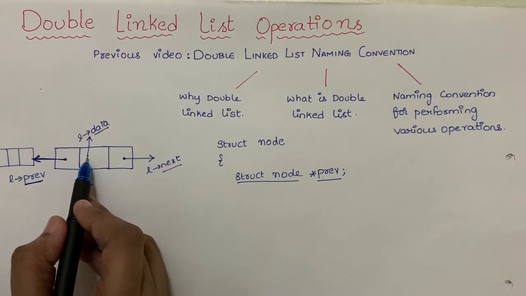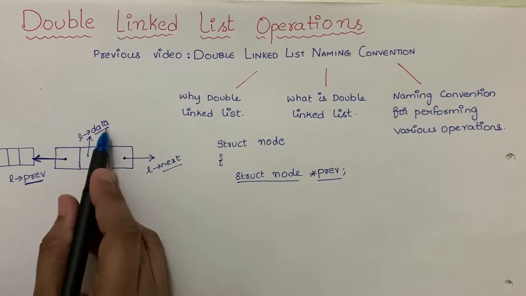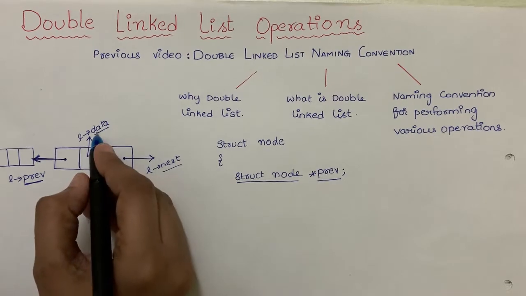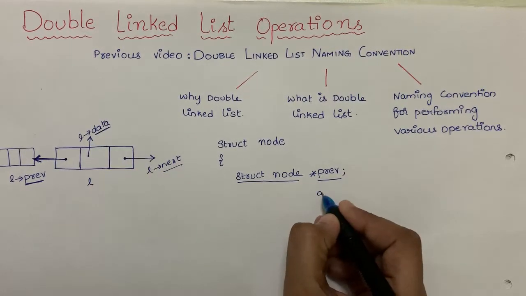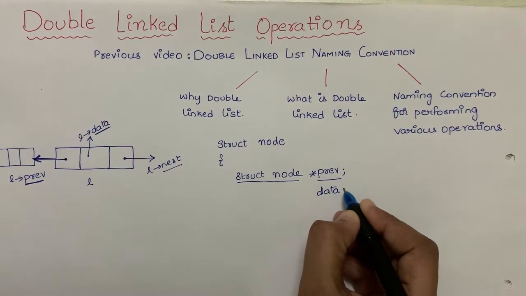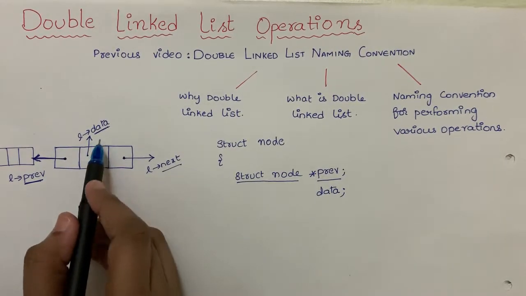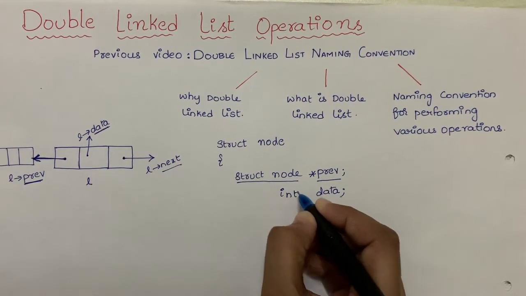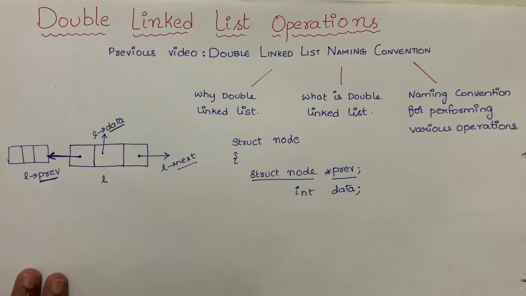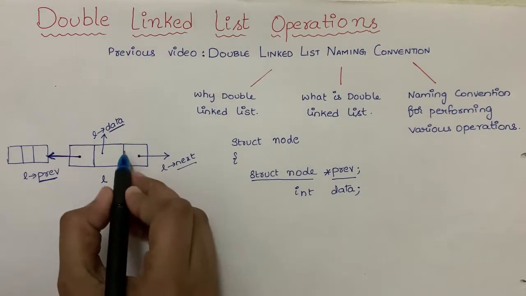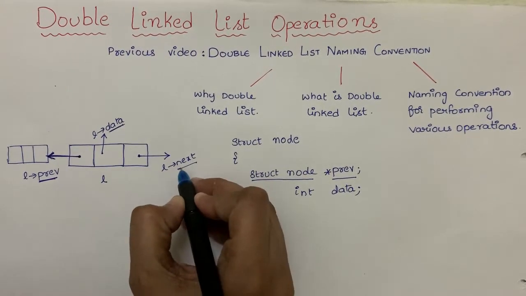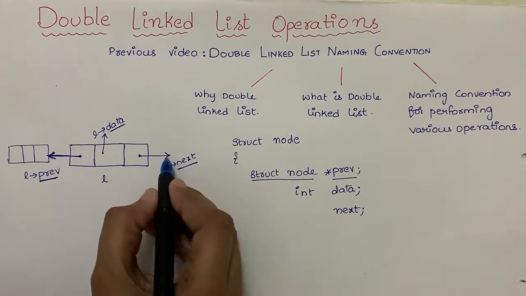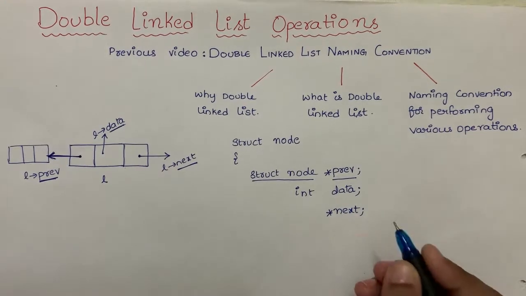And the second field is the data field which stores the value of the particular node. And what is the name of the second field here? Data or item, and it is of type integer, for example. So int data. And what is the third field? Third field name is next, which stores the address of the next node, so it is a pointer.